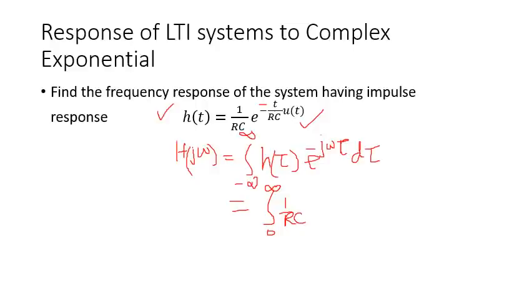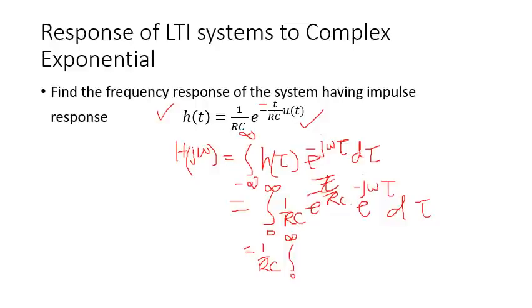And e power minus tau by rc, and we again have another exponential, that is e power minus j omega tau, and d tau. So we can take out the coefficient or the scaling, which is 1 by rc, and we have the integral from 0 to infinity.